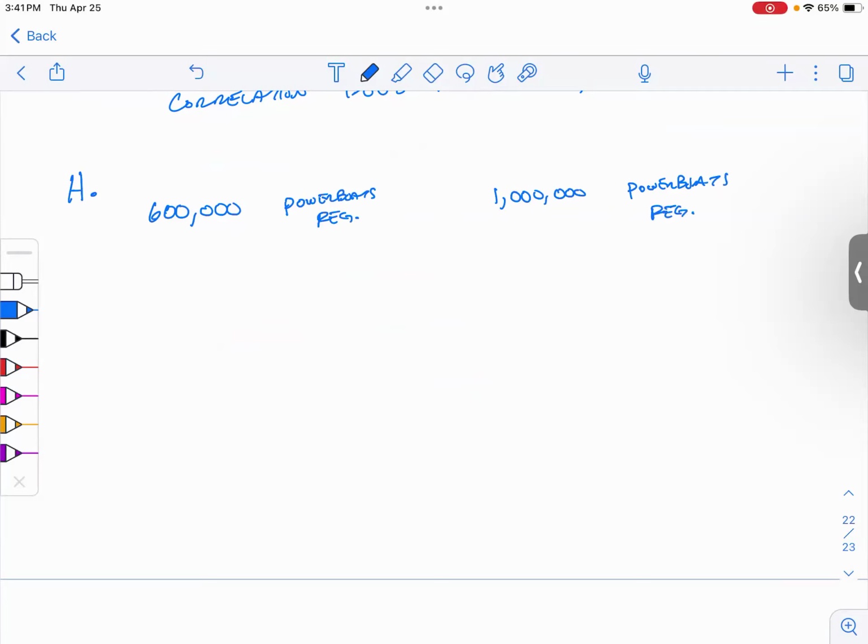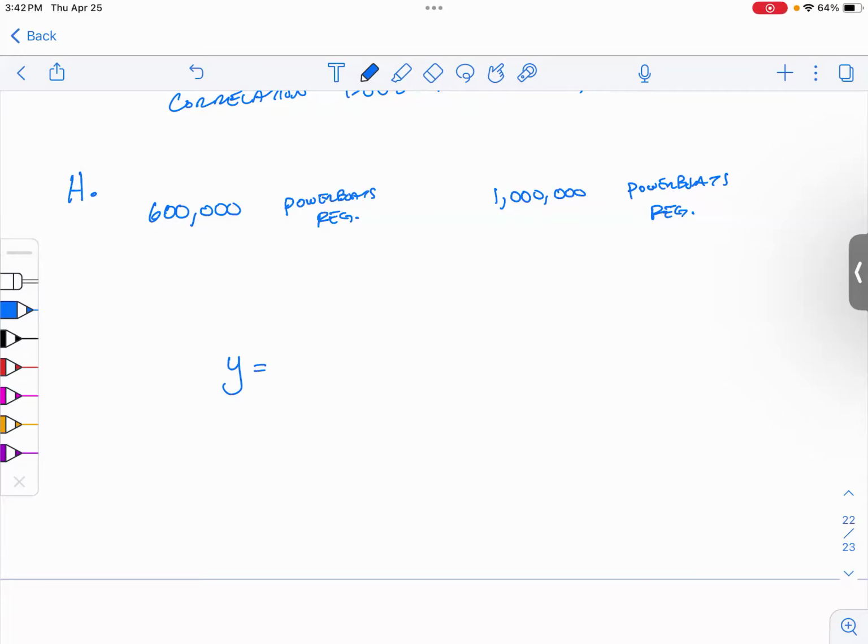So we want to look at two different predictions: 600,000 powerboats registered and 1 million powerboats registered. Each is going to have its own prediction, and both are going to be X values in our equation.